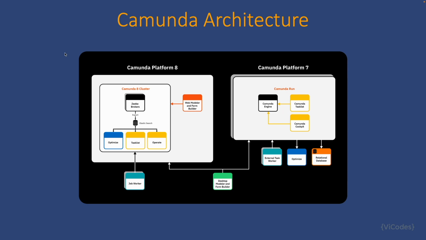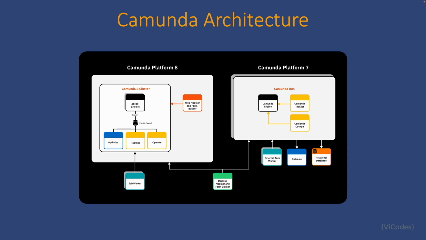Now, let's have a quick look at Camunda 8 and Camunda 7. On the left-hand side, you can see the Camunda 8 architecture, while on the right-hand side, we have the Camunda 7 architecture. The major difference between Camunda 7 and Camunda 8 is the workflow engine. It's Zeebe in Camunda 8, while it's the Camunda engine in Camunda 7.